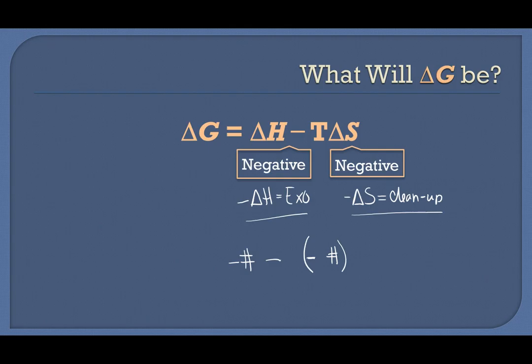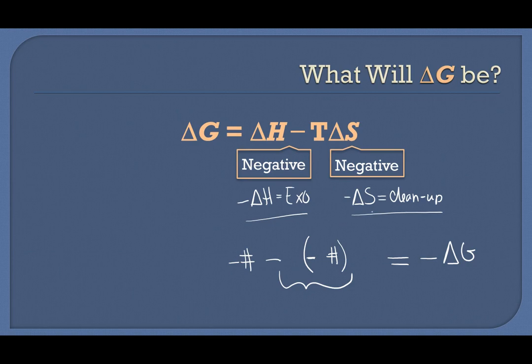All right, so we've got a negative minus another negative. Here we're going to see that this is going to depend on temperature. So if we want this to equal negative delta G, we want it to be spontaneous, right? What we're going to need is for this portion to be a small number.